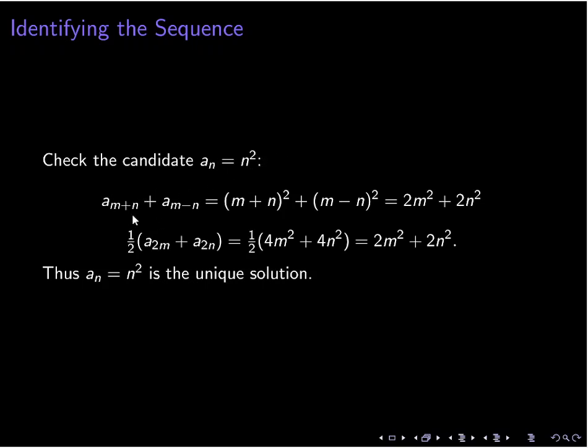And when we replace it in the first formula that we had in the problem statement, we find that effectively a_n equals n squared satisfies that first recurrence relationship.